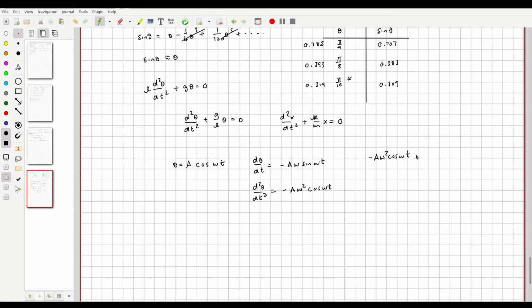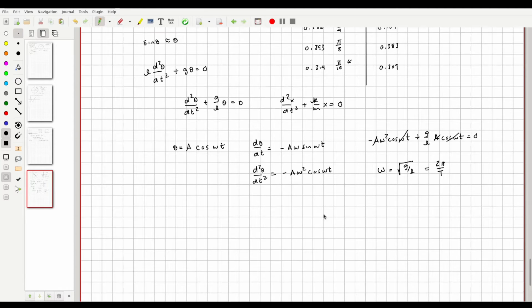Then plus g over L theta, theta being a times cosine of omega t. That goes away, that goes away. So again, in order for this solution to work, omega would have to equal the square root of g over L. And again, noting the fact that omega is just 2 pi over T for simple harmonic motion, our period is 2 pi times the square root of L over g.